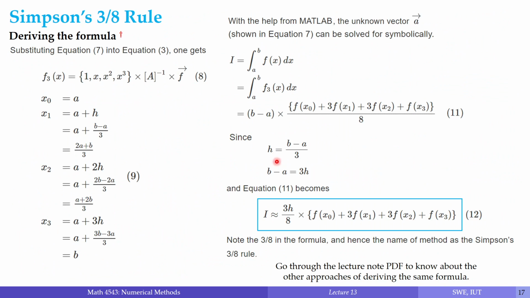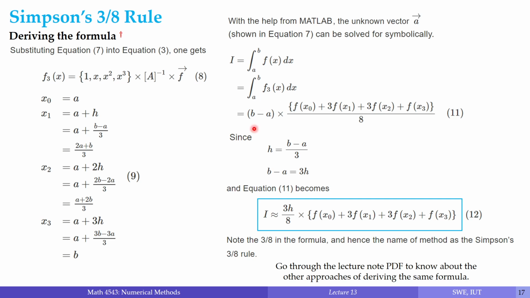So you can plug them into the third order polynomial, and after doing that, we'll integrate that third order polynomial from the lower limit a to the upper limit b, because we are trying to approximate the area under the original curve using the area under the third order polynomial, f sub 3 of x, right?